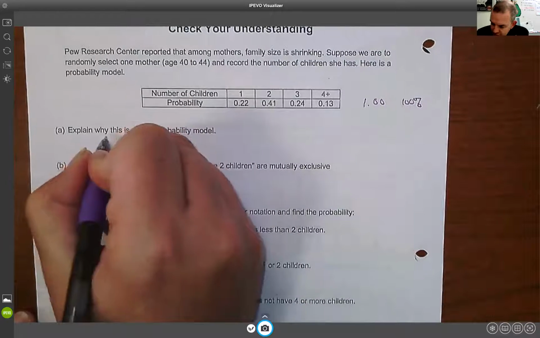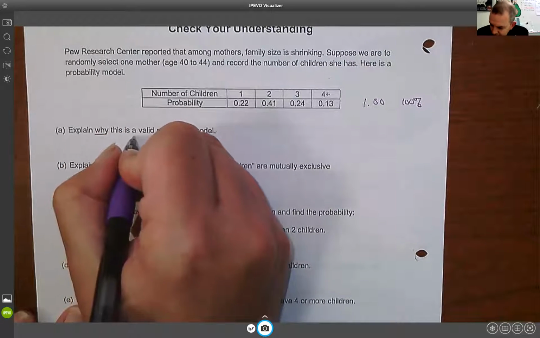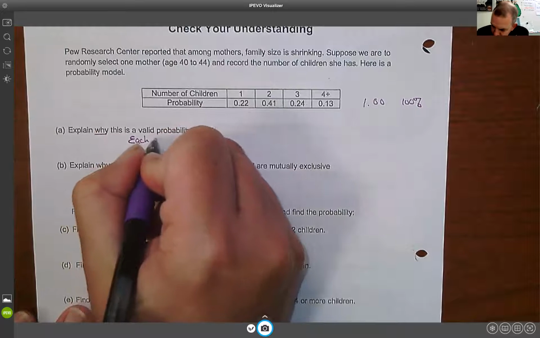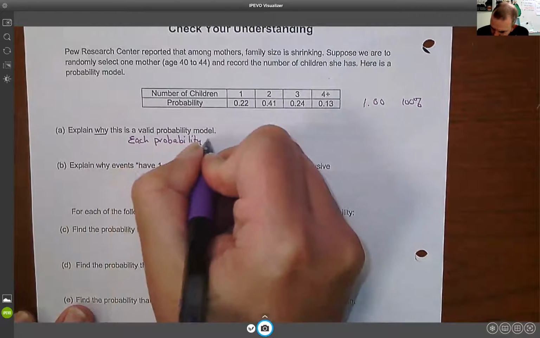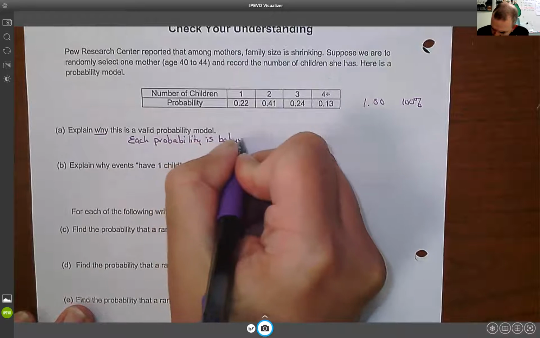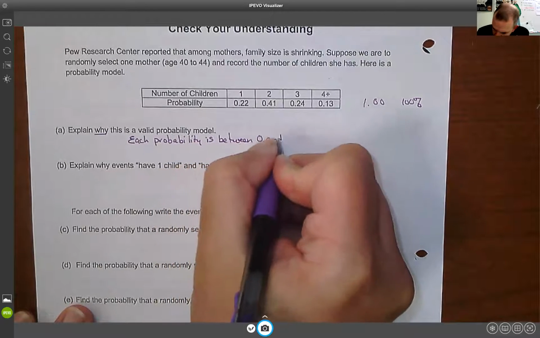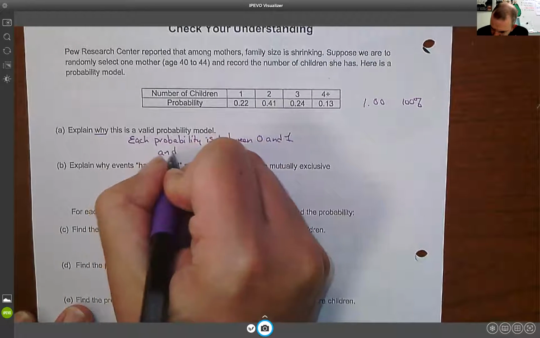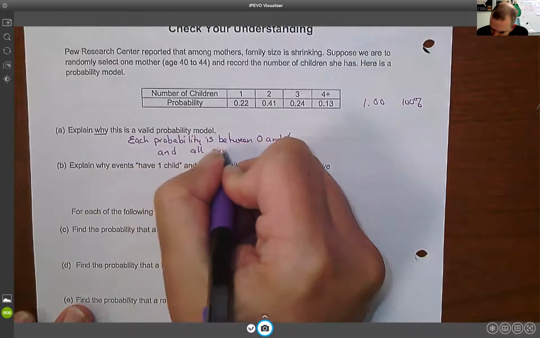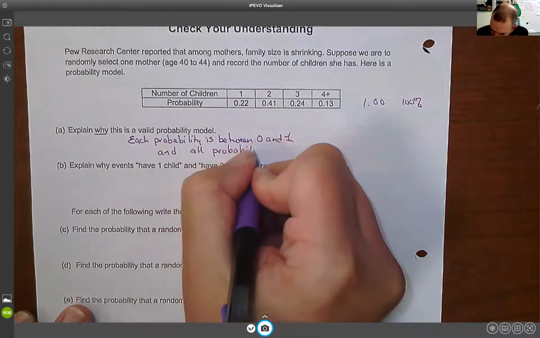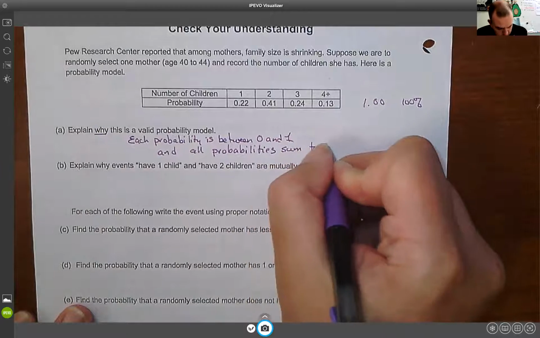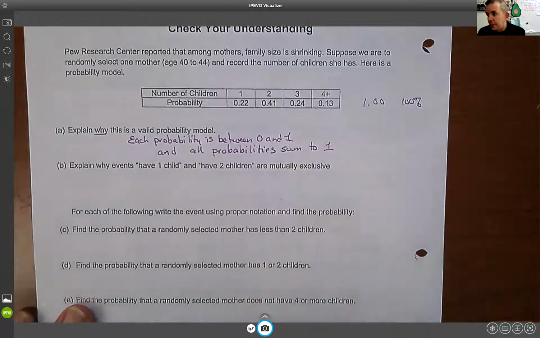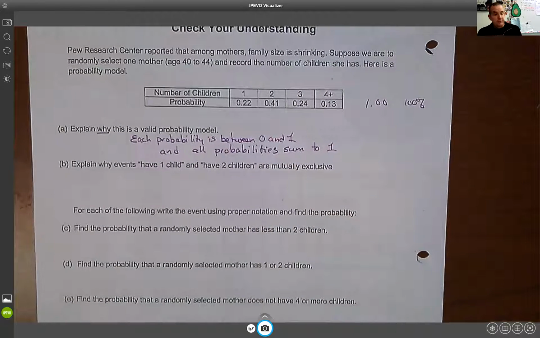So when it asks explain why, I would say that each probability is between 0 and 1, and all the probabilities sum to 1. Okay, so that's the first piece.